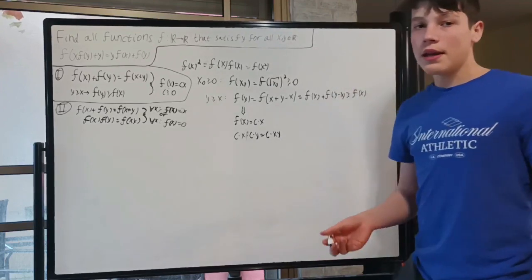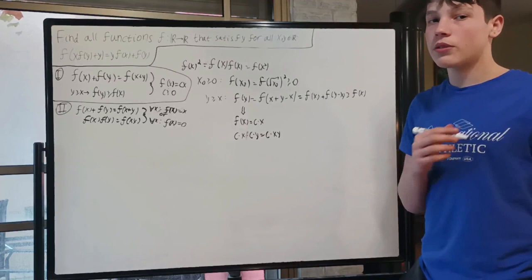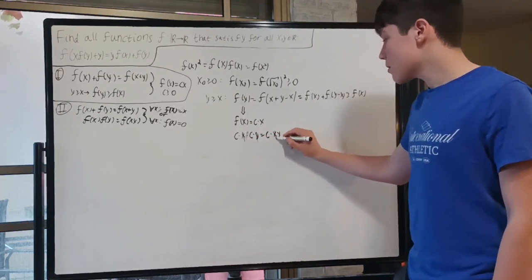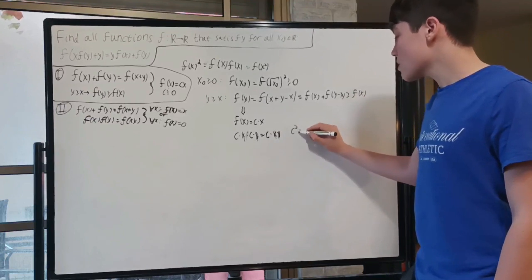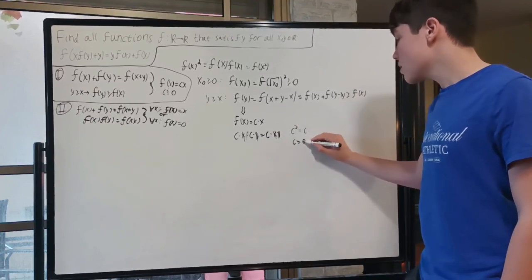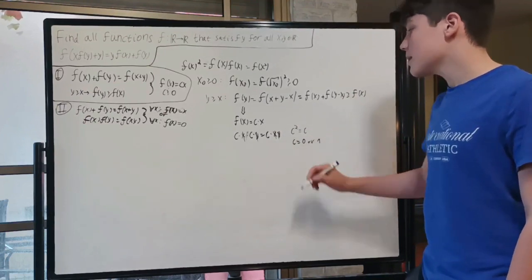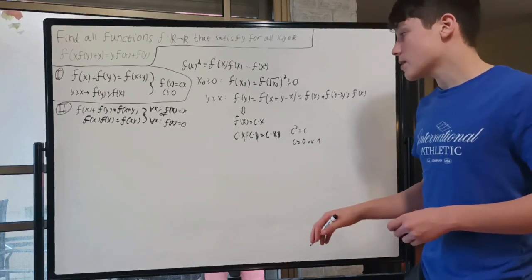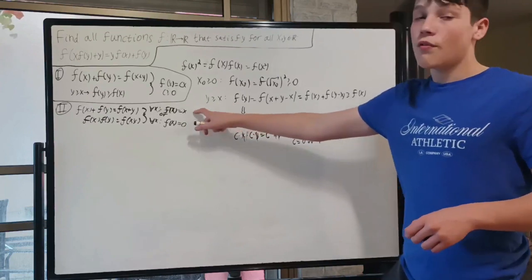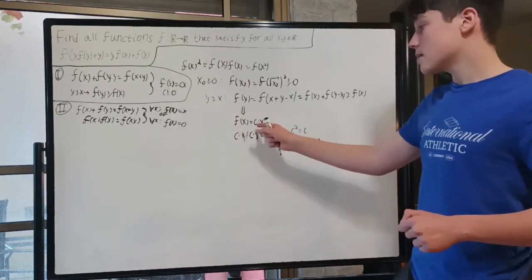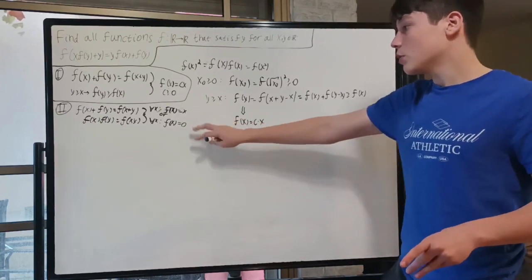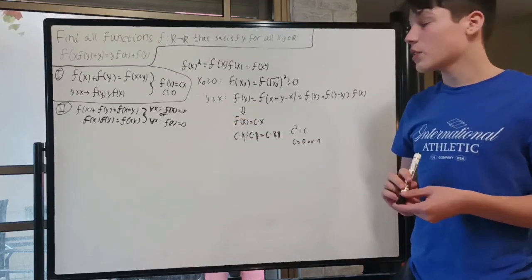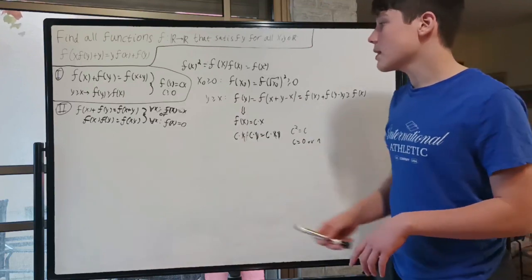So if x and y are non-negative, which we can choose them to be, say x and y are both 1, doesn't matter, we can cancel them out, and we get c squared is equal to c, so c is 0 or 1, which means that either for any value of x, f of x is equal to x, or for any value of x, f of x is 0 times x, which is 0, which is exactly what we wanted. So f is either the identity or the 0 function. So we proved the second statement.